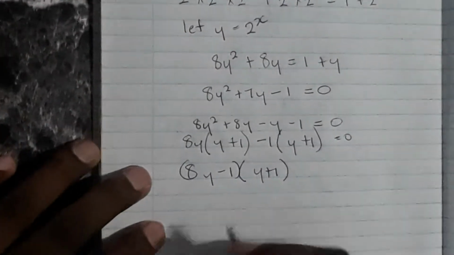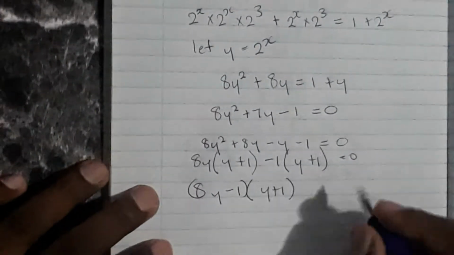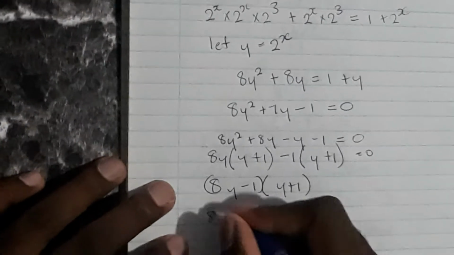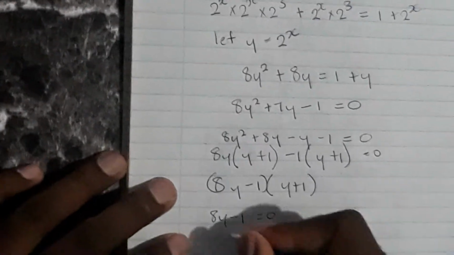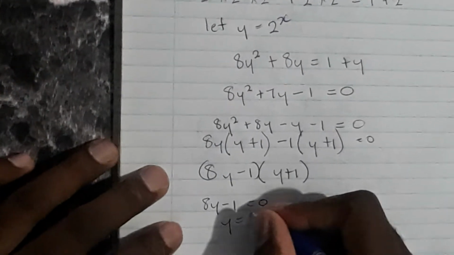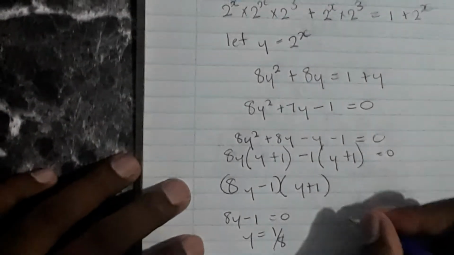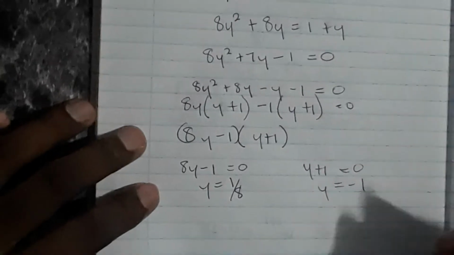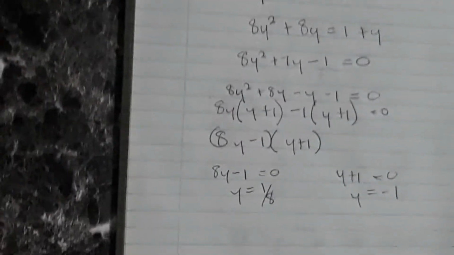So by equating both of these to 0, 8y minus 1 equals 0, y equal to 1 over 8, and y plus 1 equals 0, y equal to minus 1. Right?